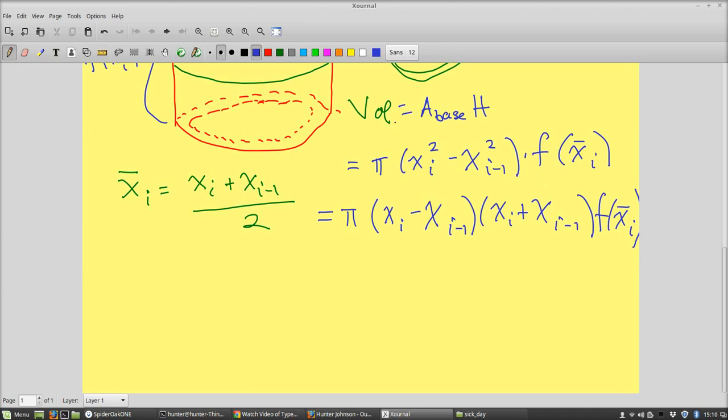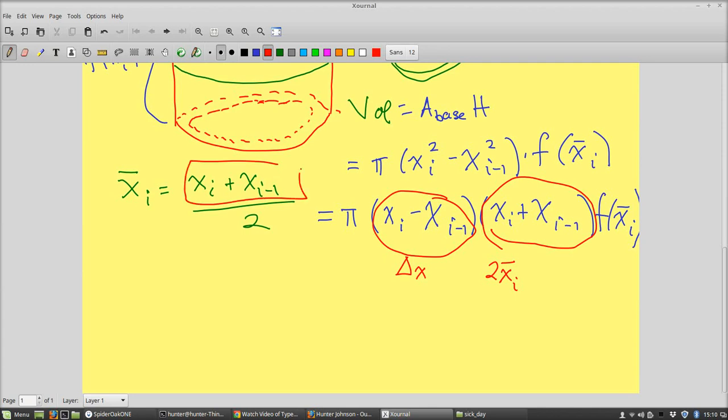And now look at the neat things that happen here. One thing that happens is that this is just delta x, because all the partition points are separated by delta x. Another neat thing that happens here is that this is 2 times xi bar. Isn't that funny? Because here's this. So 2 times xi bar is equal to that.